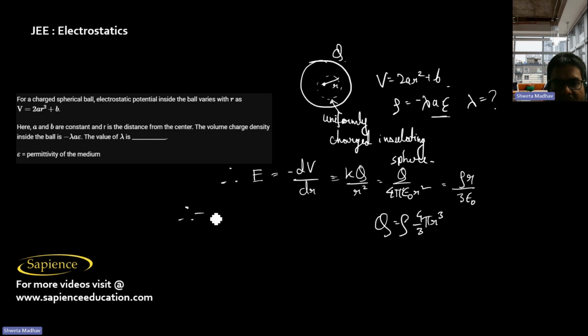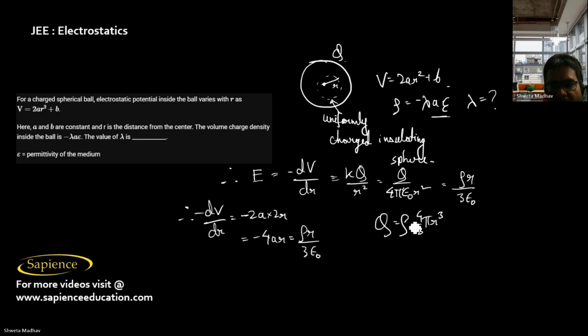So now therefore minus dv by dr, if you do, so that will be minus 2a into 2r, that is equal to minus 4ar, and that is equal to rho r by 3 epsilon naught. So r will cancel. So therefore rho we got it as, what's here, 12. So minus 12a epsilon naught.